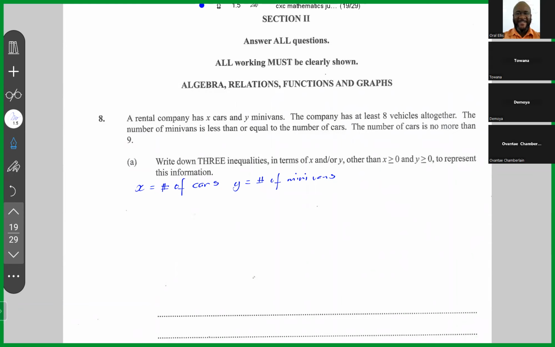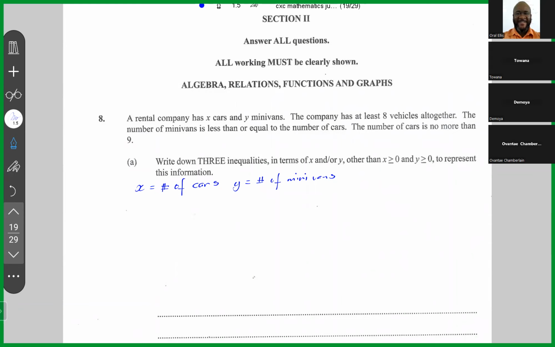All right. Next, we're told that a car can carry 4 people and a minivan can carry 6 people. There are at most 60 persons to be taken on a tour. Show that 2x plus 3y is less than or equal to 30. All right, well, we can do that.